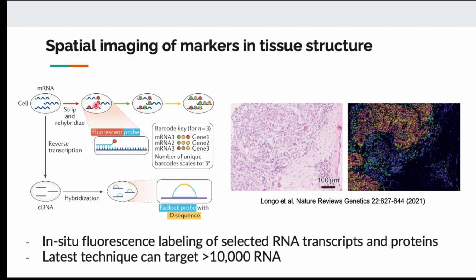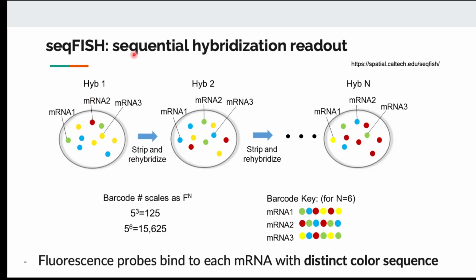So that technique is called sequential hybridization. This is similar to the sequencing process in Illumina. If we want to know the sequence of a DNA molecule, we incorporate nucleotides one at a time, and we look at the color. If the color changes from red to green to blue, we know the DNA sequence.